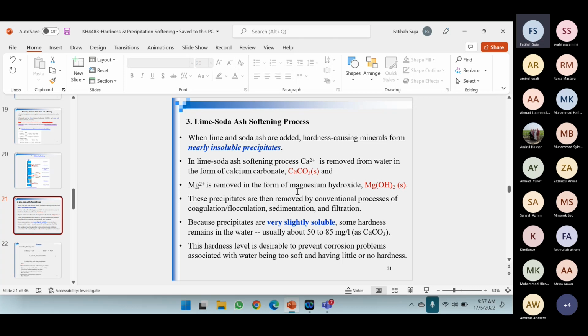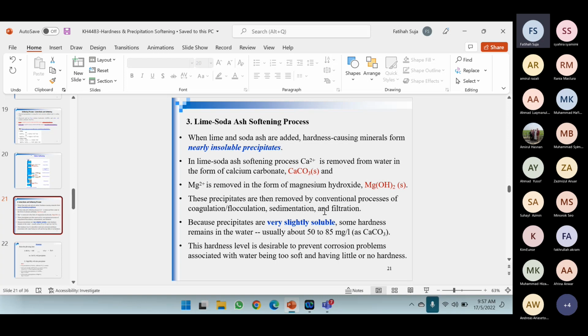Mg2+ is removed in the form of magnesium hydroxide. In the lime soda ash softening process, calcium is removed from water in the form of calcium carbonate. These precipitates are then removed by conventional processes of coagulation, flocculation, sedimentation, and filtration.